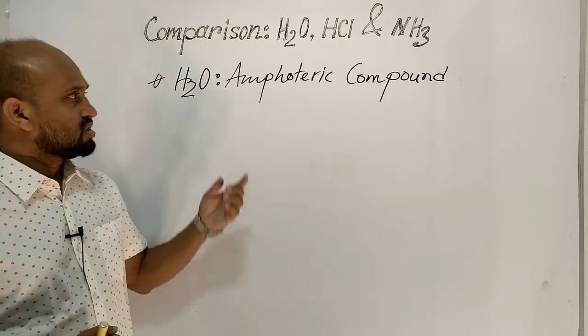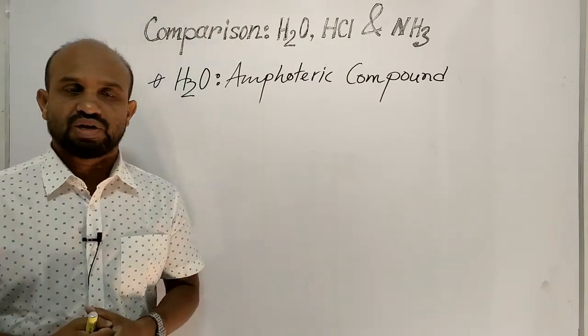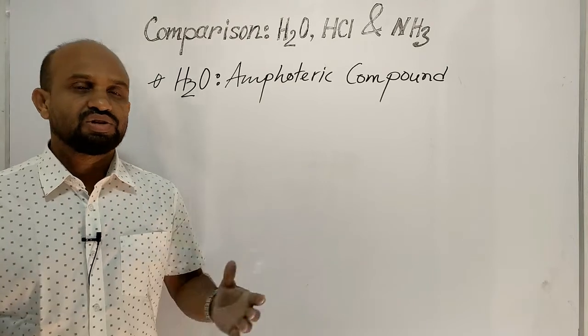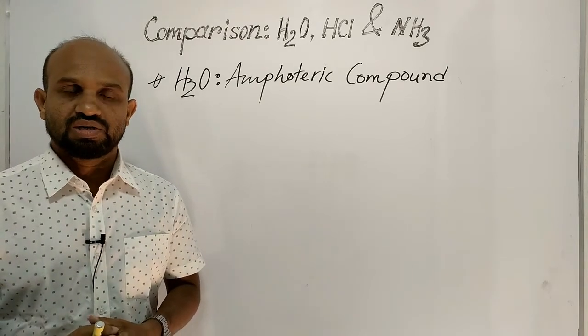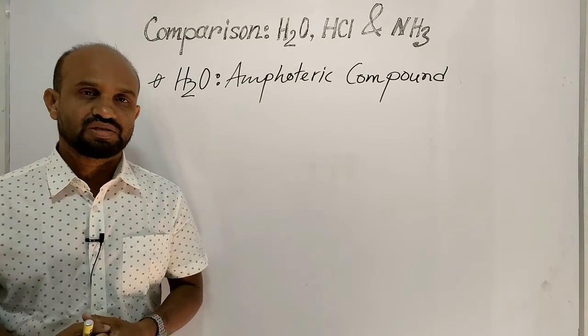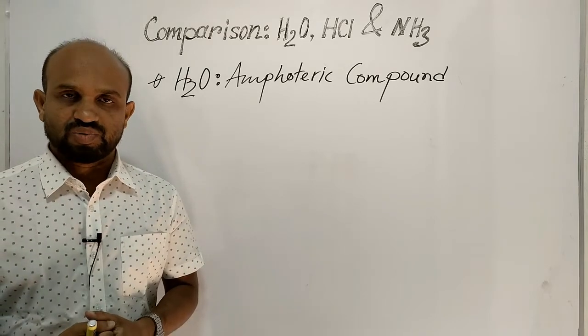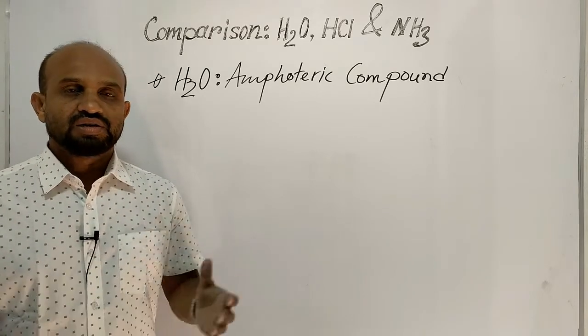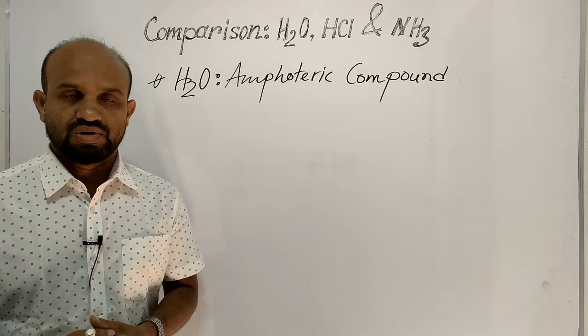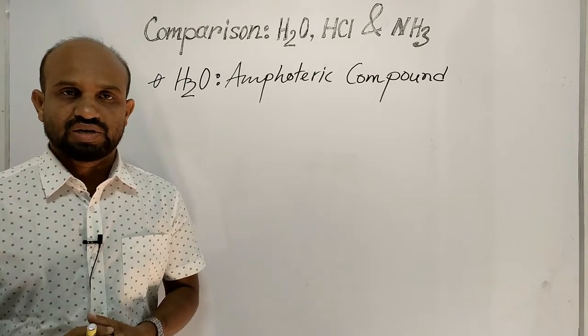Now the point is, water is a kind of amphoteric compound according to the Bronsted-Lowry acid-base concept. That means water can accept proton and can donate proton. Let's see through chemical reactions.